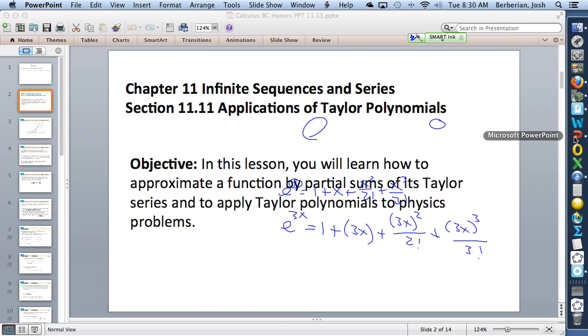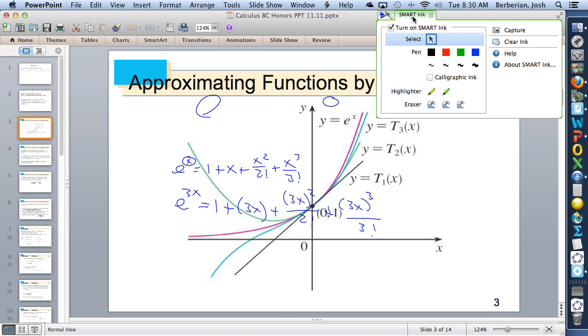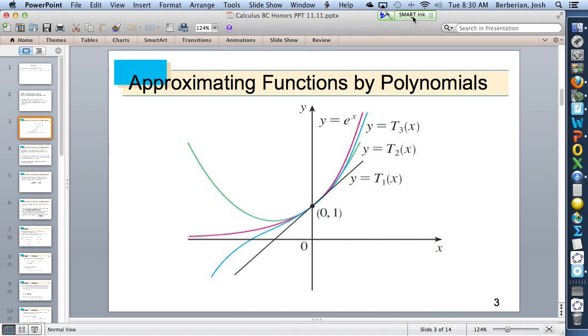So for those of you who are pictorially inclined, here's an example of e to the x. E to the x is the pinkish function. And here's T1, the black line. That's the 1st degree polynomial. Does it make sense that it's linear?